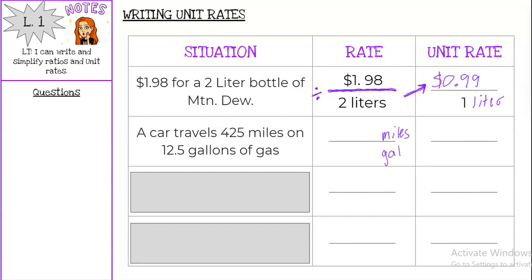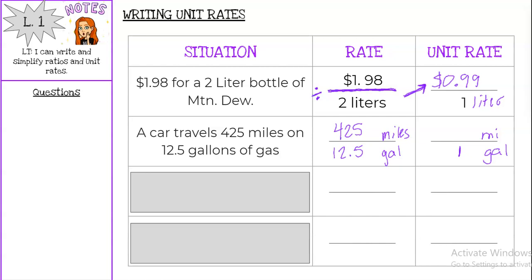So the miles were 425 per 12.5 gallons. So now we want to figure out how many miles we could go on just 1 gallon of gas. We know how much we can get on 12.5 gallons, but we want to bring that down to a unit rate with that 1 on the bottom.